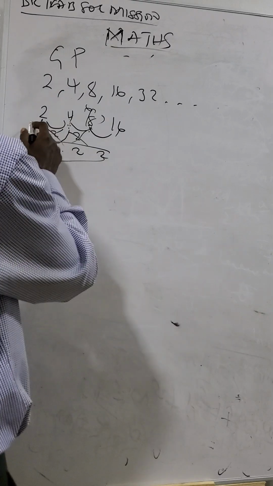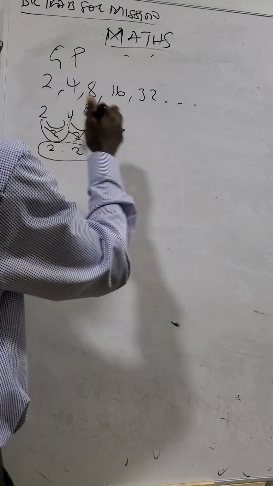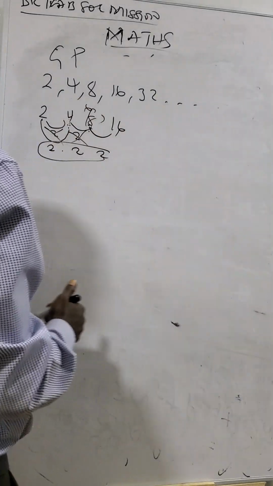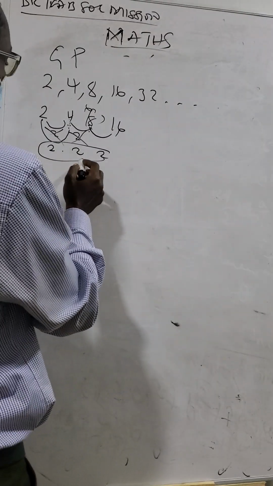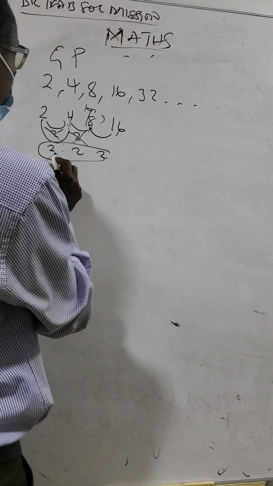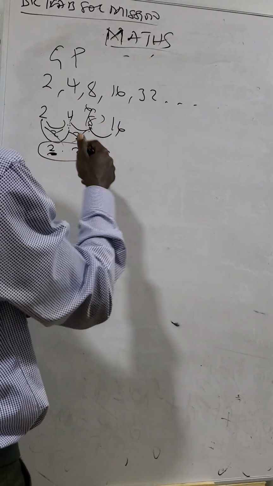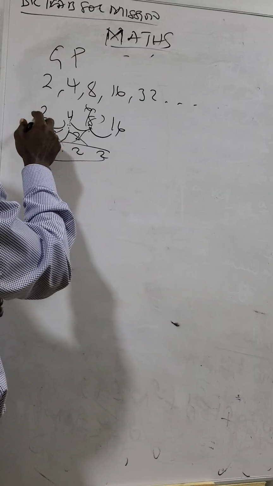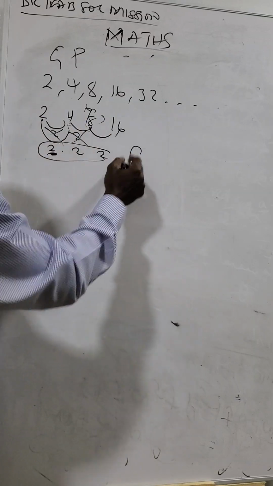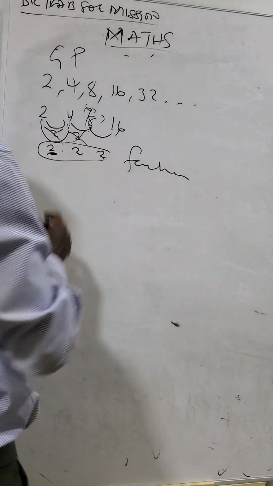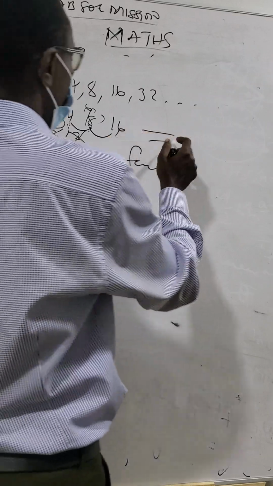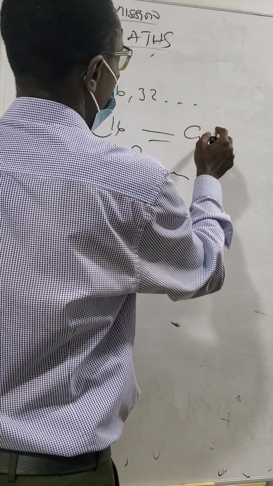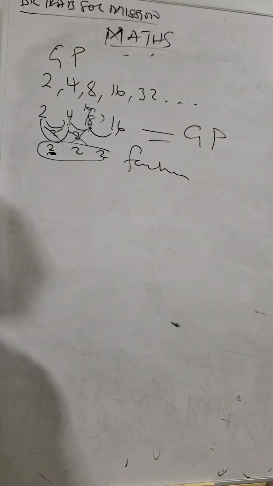So this kind of sequence of numbers, in which a certain factor multiplies the numbers, is what we call a geometric progression.